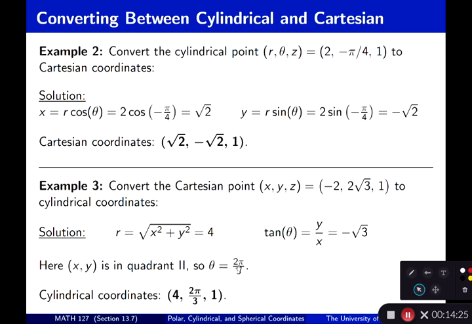And so I have to add pi to get theta equal to 2 pi third for the angle. So 4, 2 pi third, and 1 is the cylindrical point.